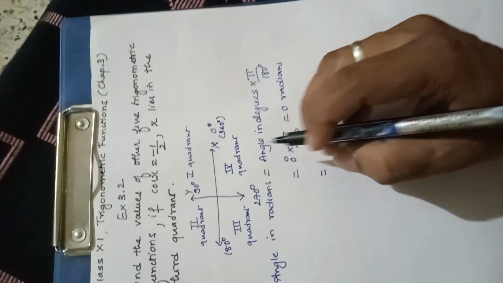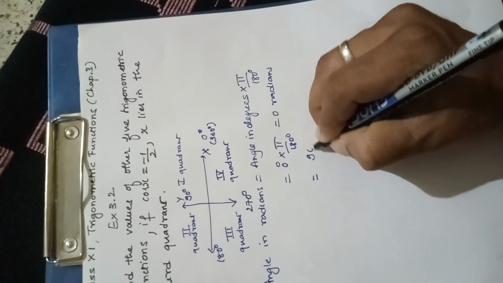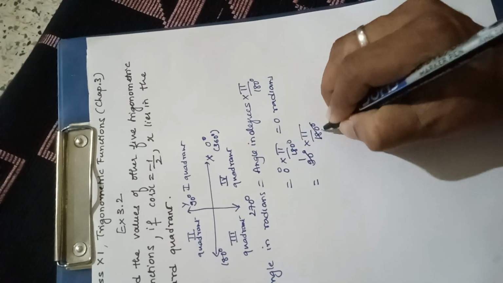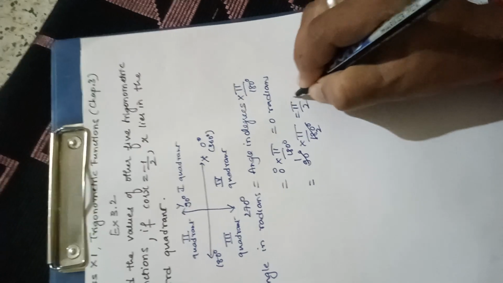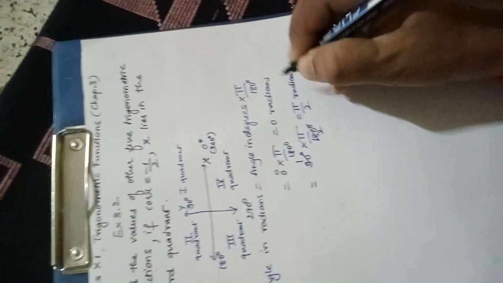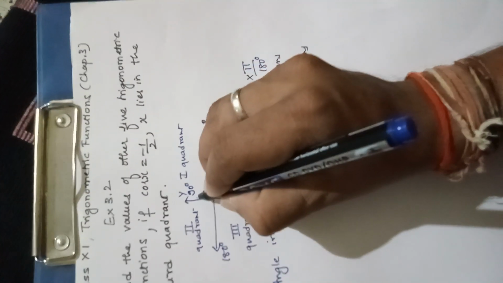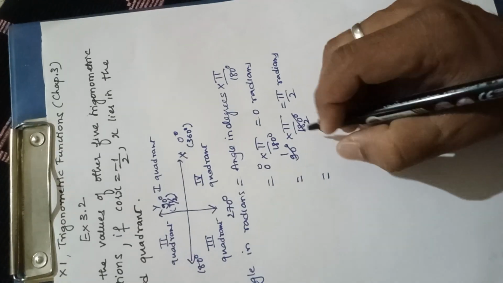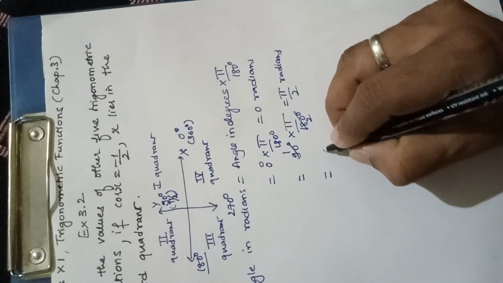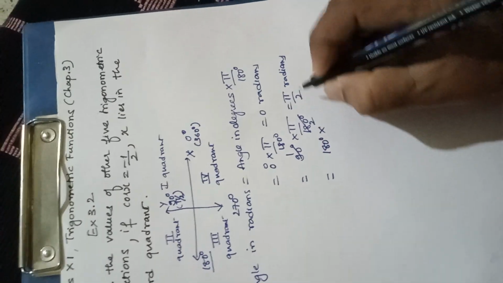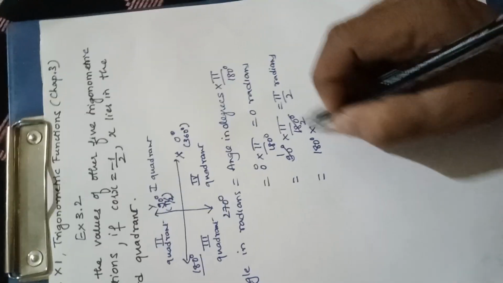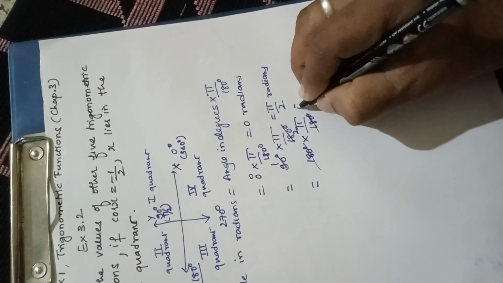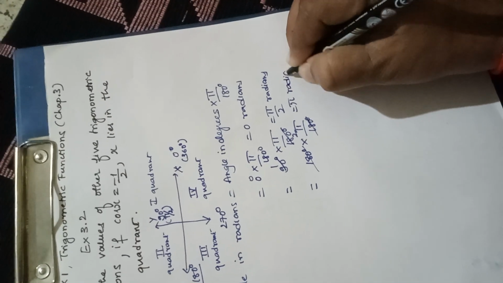Suppose the angle is 90 degrees. Angle in degrees is 90 into pi by 180, so 90 by 180 is 1 by 2, and this will be pi by 2 radians. So 90 degrees can also be written as pi by 2 radians, so I shall write here pi by 2. Then 180 degrees in radians is 180 into pi by 180, so 180 will cancel and we are left with pi radians.